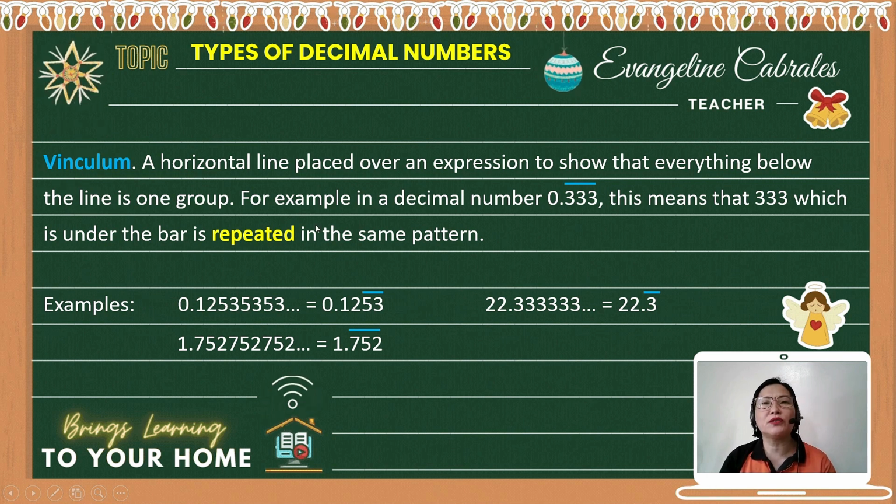And you are expected to use vinculum, ha? Kasi kaya nga siya itinuturo para mai-apply ninyo at gamitin. So, instead na magsulat ng ganito na paulit-ulit, ang inyong gagamitin ay ang vinculum. At understood na yon na yung mga numbers na nasa ilalim ng vinculum ay repeated in the same pattern.